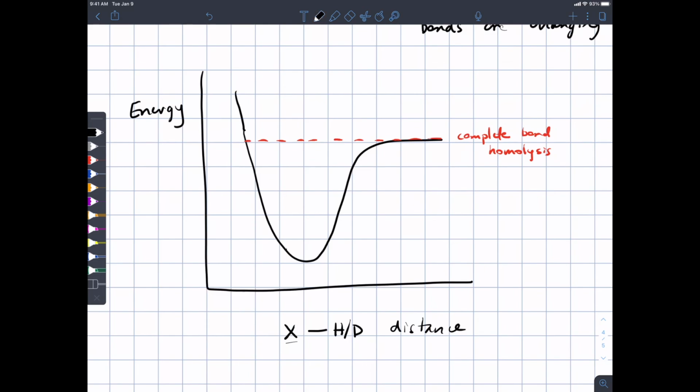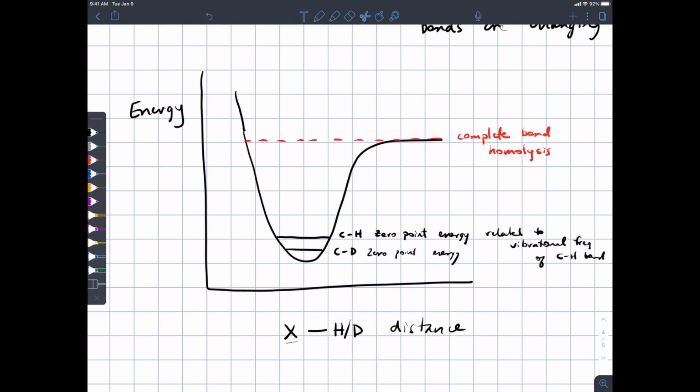And so the kinetic isotope effect comes from the fact that the carbon-hydrogen 0 point energy, which is related to the vibrational frequency of the carbon-hydrogen bond, is higher than the carbon-deuterium 0 point energy.